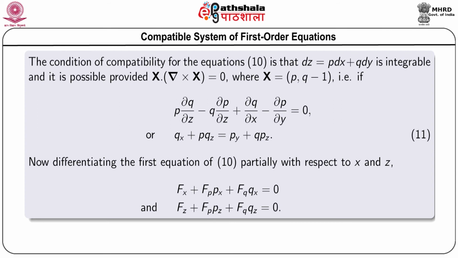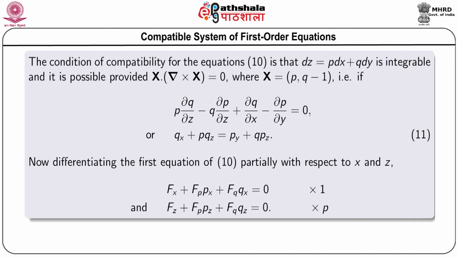Now, differentiating the first equation of 12, that means capital F equals 0, we get Fx plus Fp Px plus Fq Qx equals 0, and the second equation is obtained by differentiating 12 with respect to z: Fz plus Fp Pz plus Fq Qz equals 0.